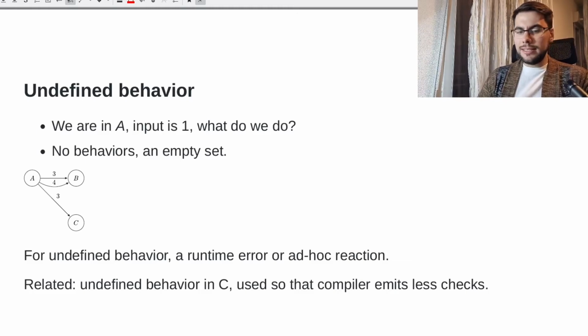In languages like C, undefined behavior is also present for several reasons. Take, for example, null pointer dereference. When we dereference a pointer which is a null pointer, the result of this is undefined.